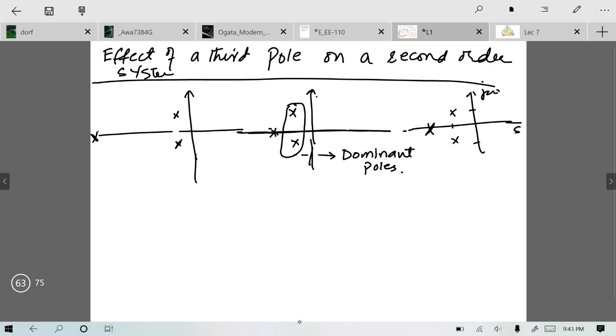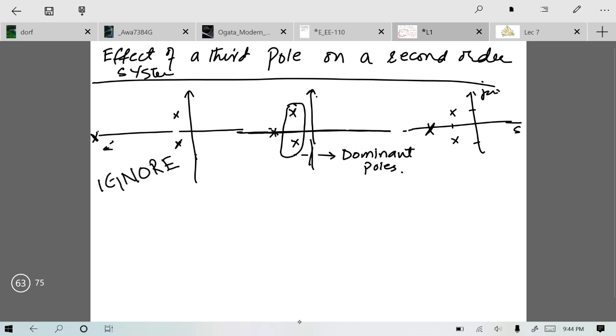This pole would have an effect on the overall performance of the system, and we cannot say that this system can be considered second order, or we cannot apply the formulas which are derived for a second order system. But if this third pole is far away from these dominant poles, then we can ignore this third pole.